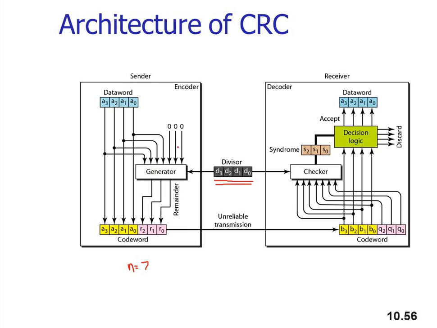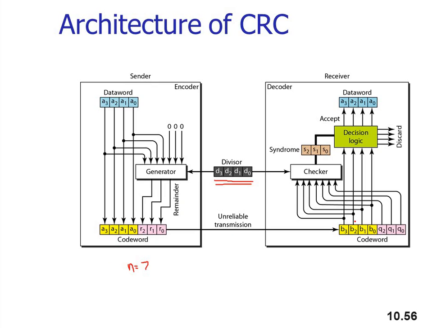Now how is the remainder generated? 000 is added, so you get 7-bit data, and to that the common key, the divisor, is applied to generate the remainder. That remainder is added to the data word, and your code word is formed.